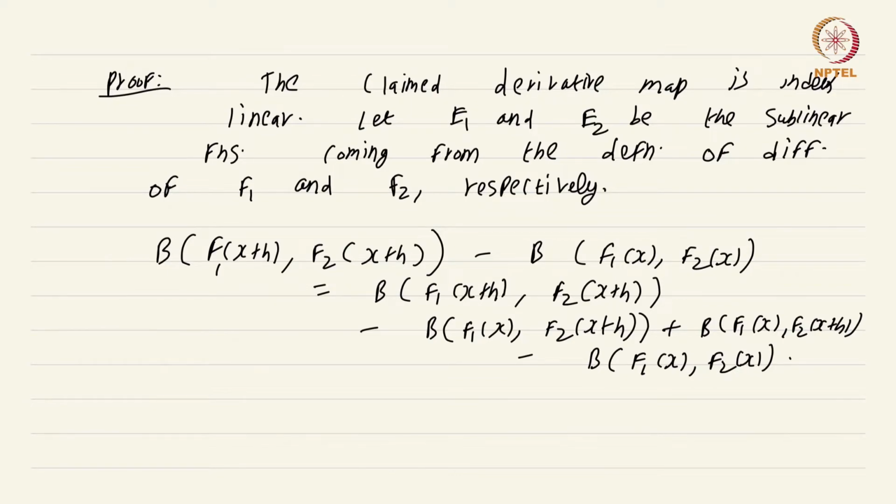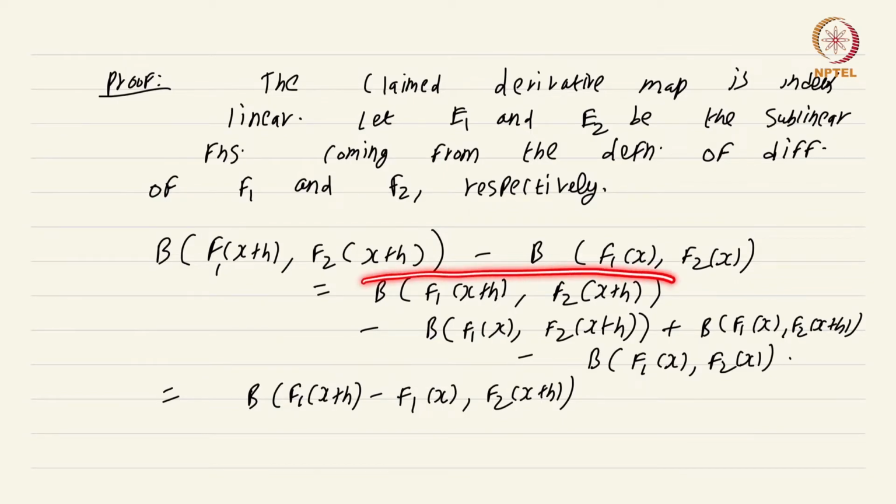Okay, so now this just is equal to B of f1x plus h minus f1x, comma f2x plus h. What has happened? Well, these two terms have been combined together by bilinearity.